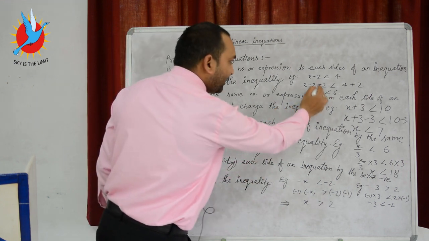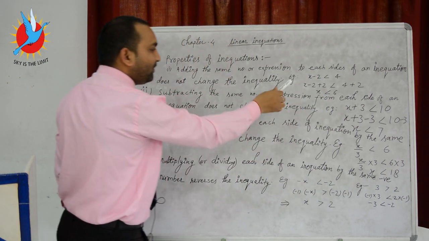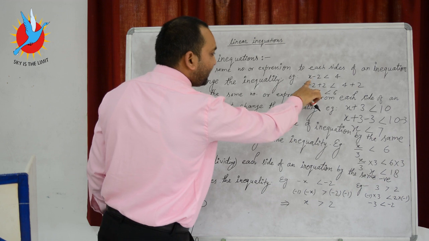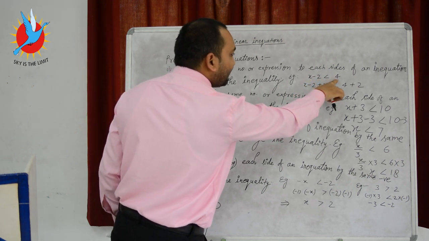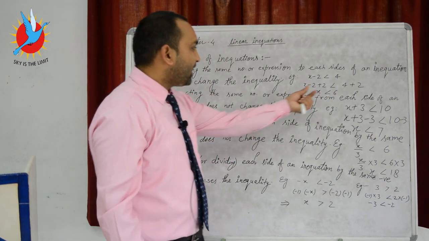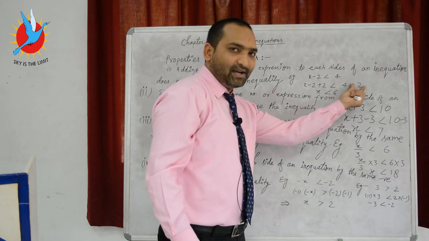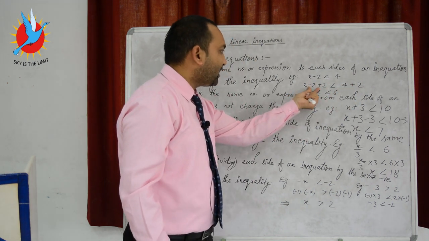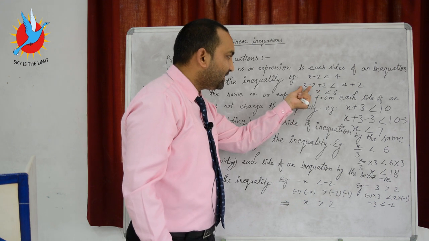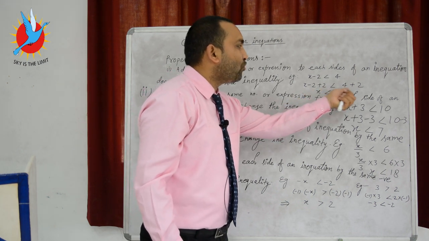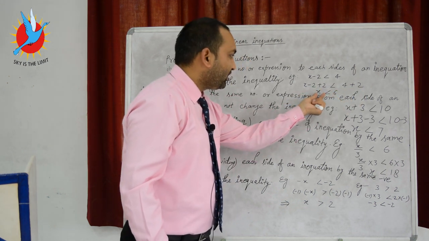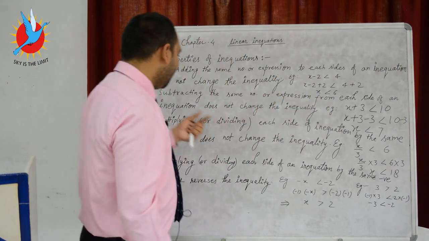For example, x minus 2 is less than 4. We add plus 2 on both sides, so minus 2 plus 2 is 0, and x is less than 4 plus 2, that is 6. So x is less than 6.